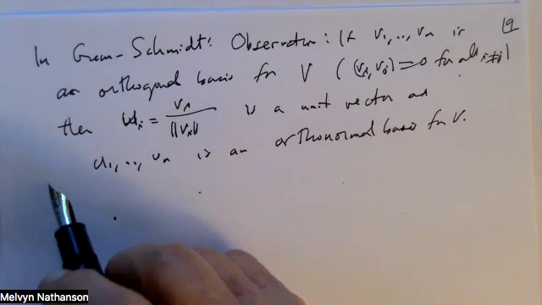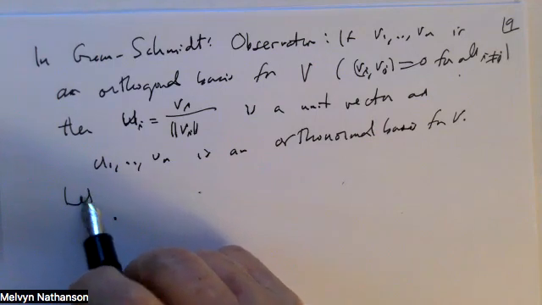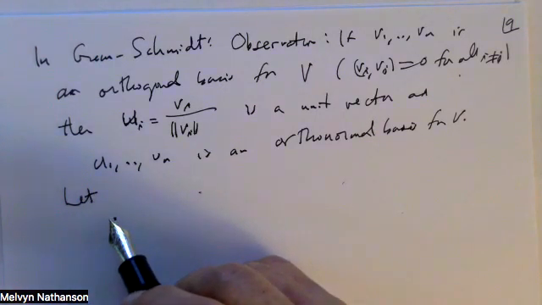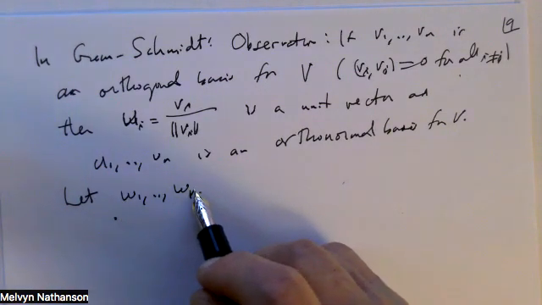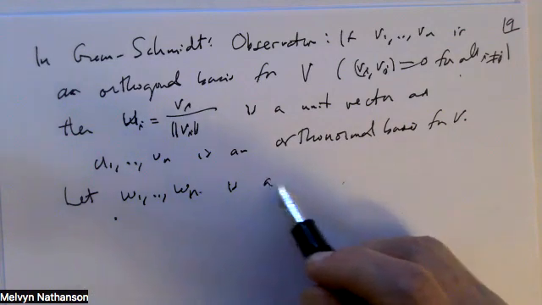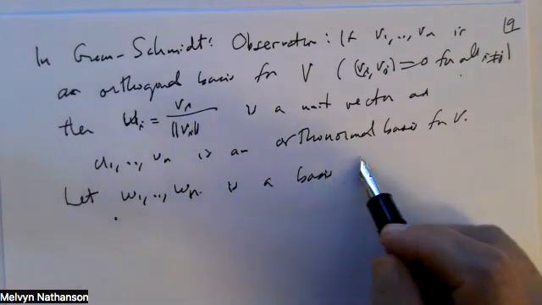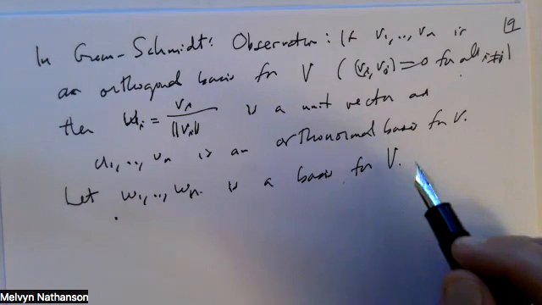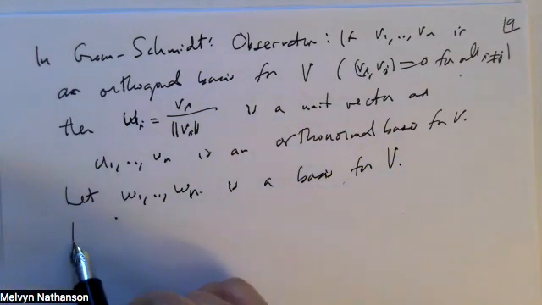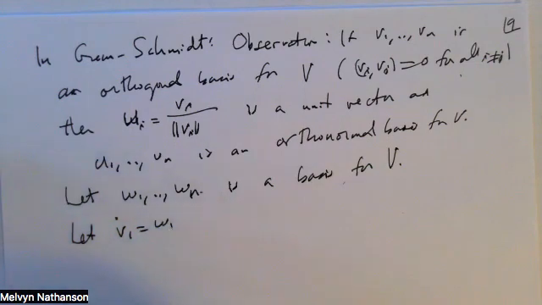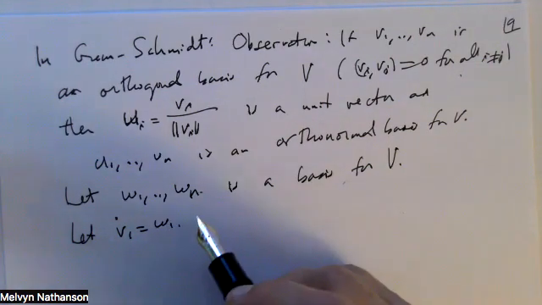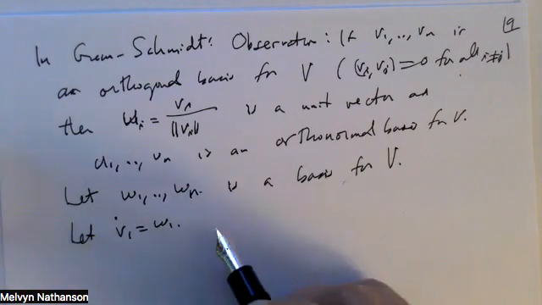So the idea is really very simple. Suppose that W1 up to Wn is a basis for a vector space V. Let V1 be equal to W1. That's fine. What do we do with V2?